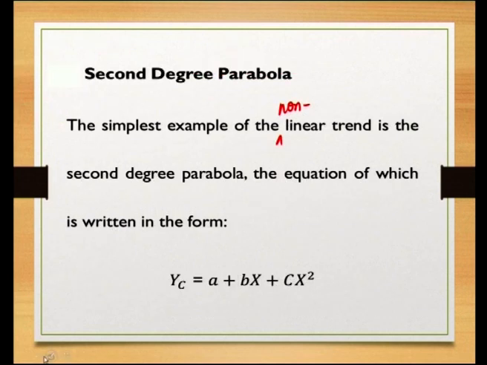The simplest example of nonlinear trend is the second degree parabola, the equation of which is written in the form yc, that is computed value, is a plus bx plus cx square. As we were discussing in the linear trend, when we have to compute two constants a and b, we have to take the summation of the trend equation as it is, then the summation has to be taken after multiplying the equation by x.